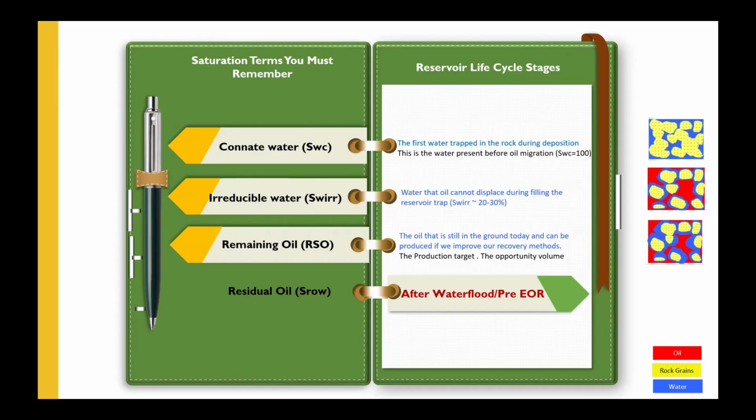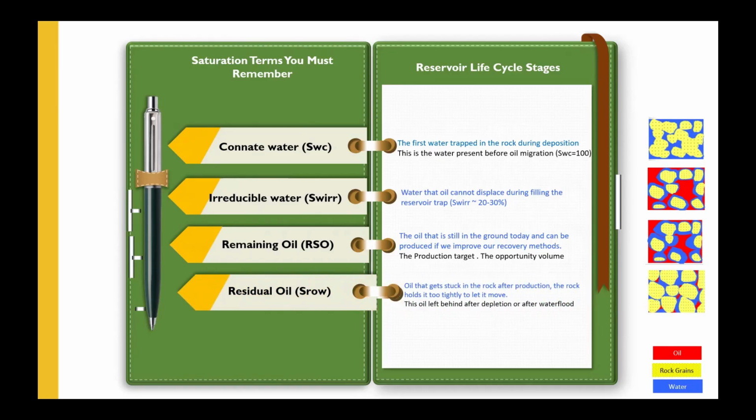And after water flooding or before planning any EOR, enhanced oil recovery, the oil that cannot be produced anymore is called residual oil. It cannot be recovered with normal recovery mechanisms and might require other advanced methods to recover it.